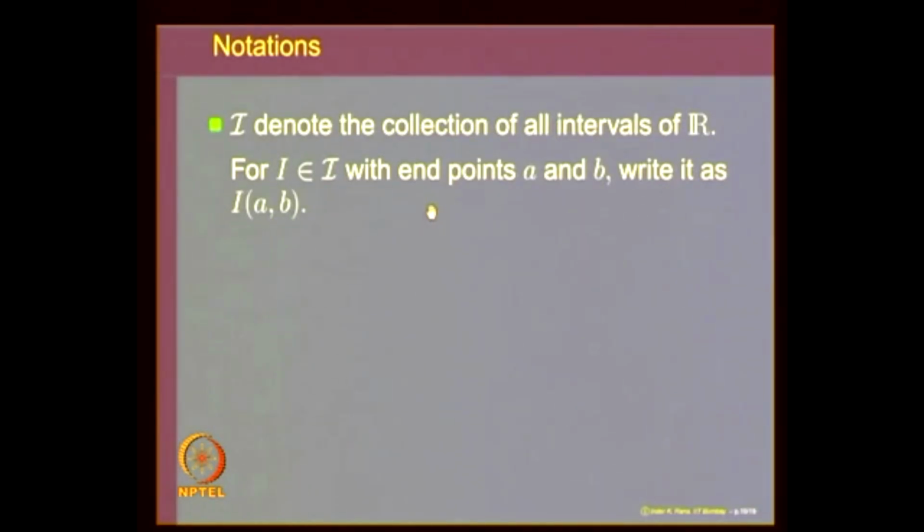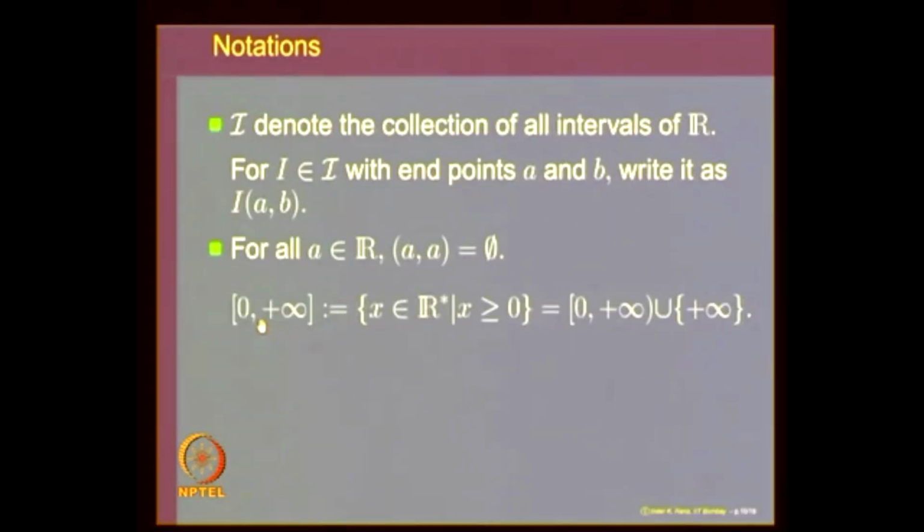So on this collection of all intervals, we are going to define a function. For example, recall that the open interval (a, a) is the empty set, and the interval [0, +∞]. The square brackets indicate that we are including 0 and we are including plus infinity.